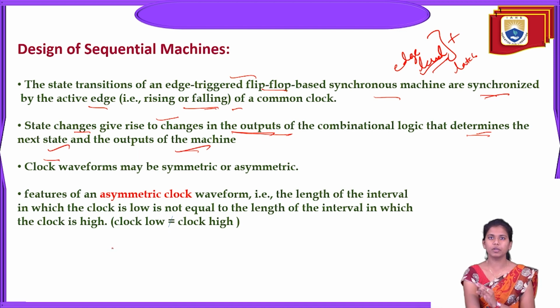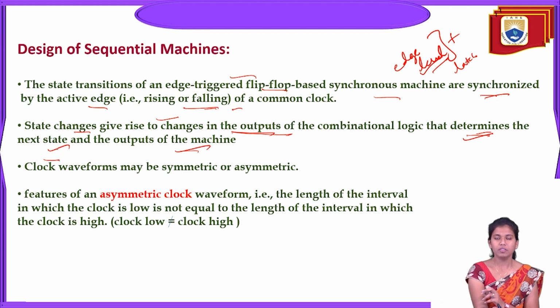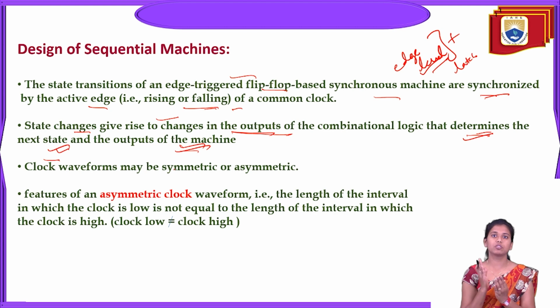That means the output can be changed based on the logic that is determined with respect to the next state as well as the output of the machine. And the clock waveforms can be symmetric or asymmetric.